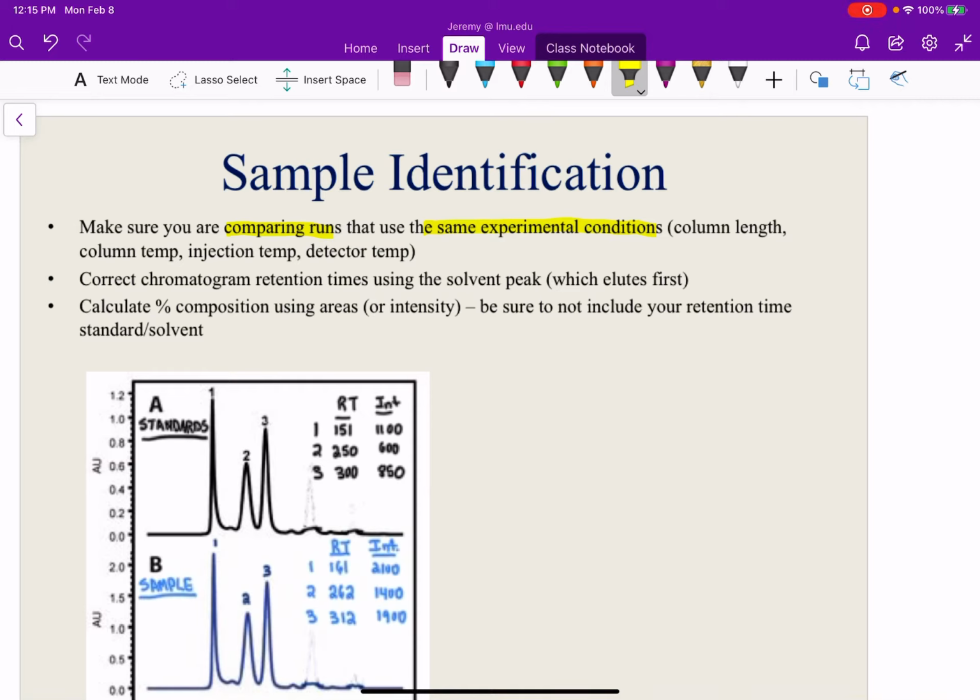So if you're trying to compare compounds, you've got to make sure you're comparing the same experimental conditions. And that's really looking at making sure the column length is the same, which is going to be common in these examples, but really making sure the column temperature, injection temperature, and detector temperature are the same. We really can't compare retention times unless these three conditions are the same when we're comparing different runs.